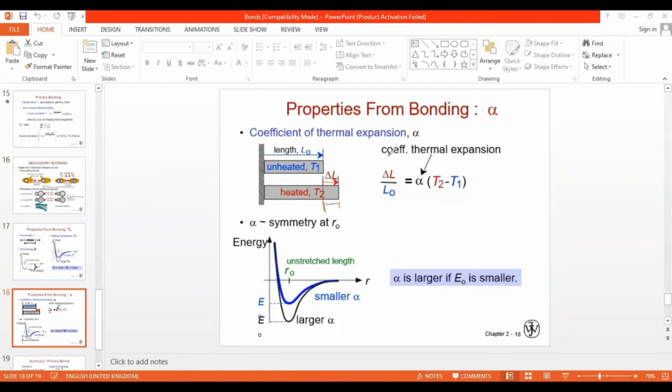This is different for different materials. I think it is very high for aluminium, and then it reduces; each element has a different coefficient of thermal expansion.